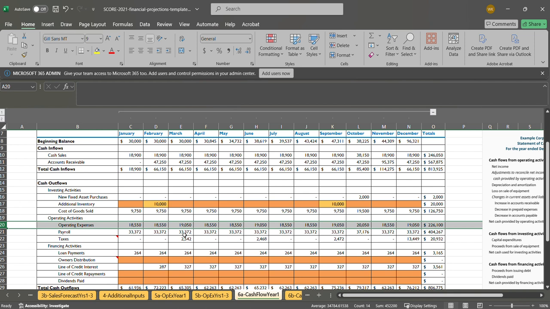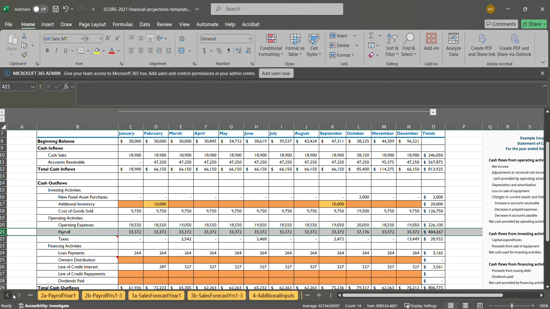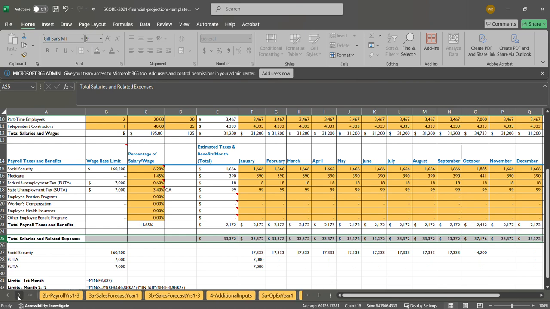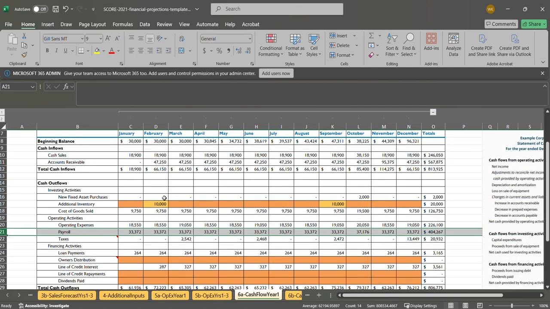So this is getting pulled into this line here, operating expenses. Payroll, year one, that is here. Here's the total salary and related expenses. So your payroll expenditures per month, that's getting pushed into the cash flow statement. You're going to have to pay your people, pay wages.